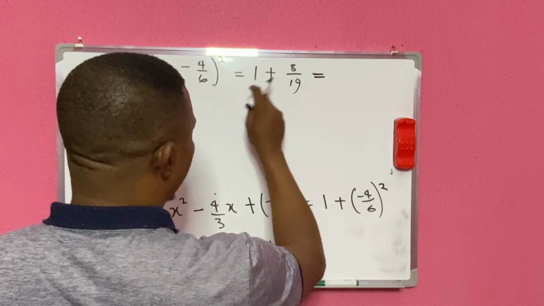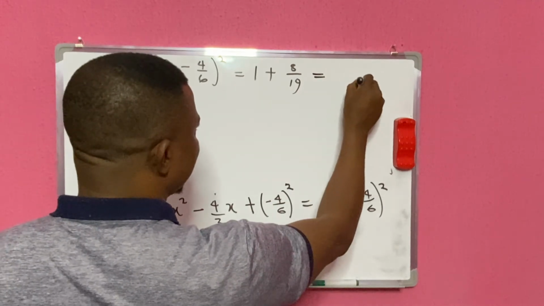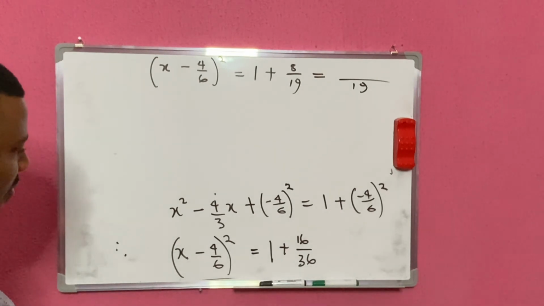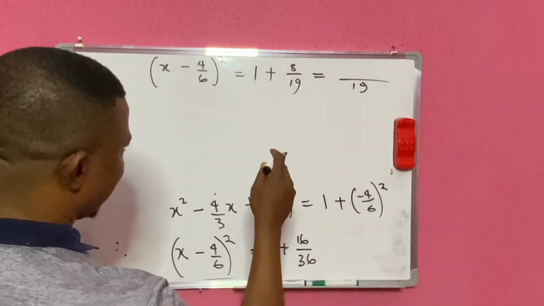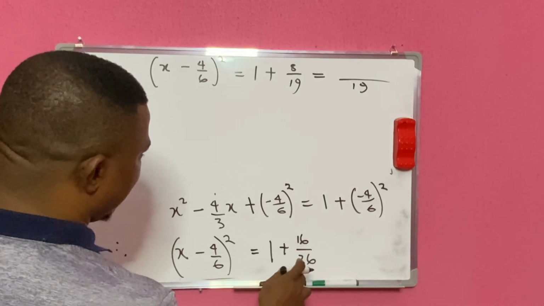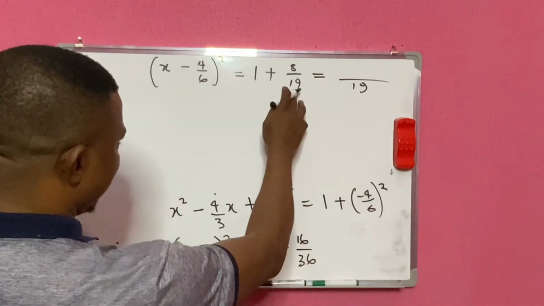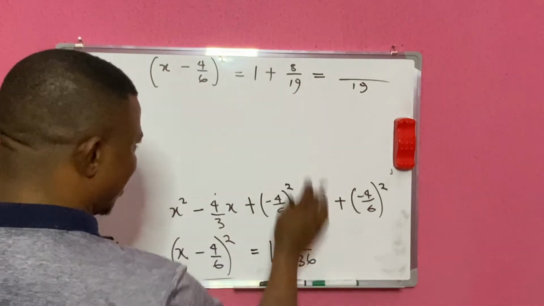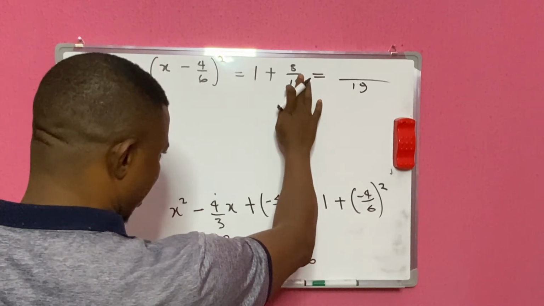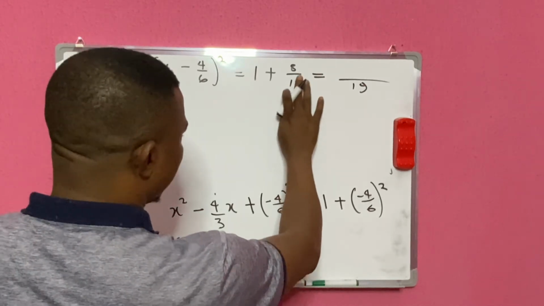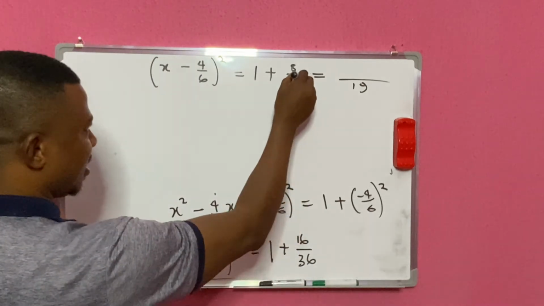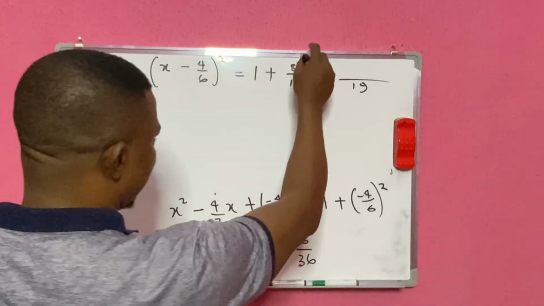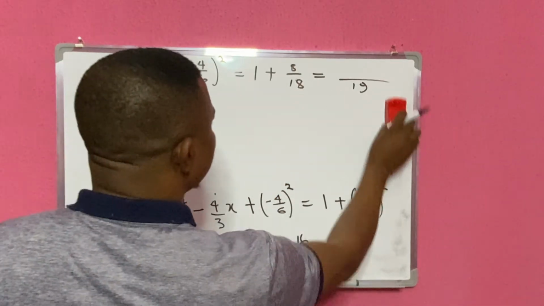Then what is the LCM? 19 is the LCM. 19 by 2 will give you 38. Okay, 36 is 18. Okay, 18. That's good.